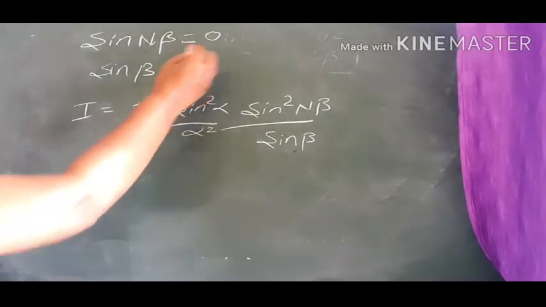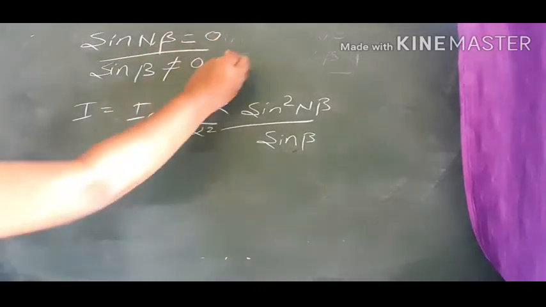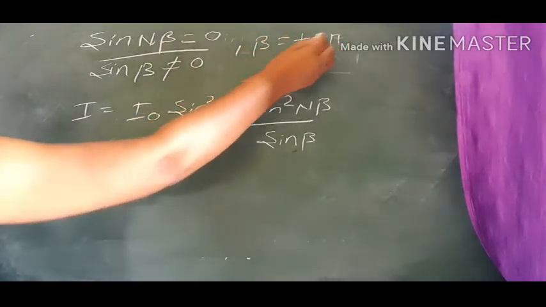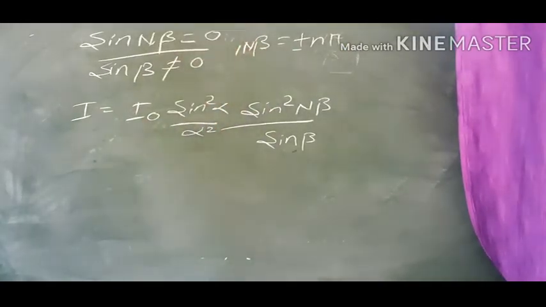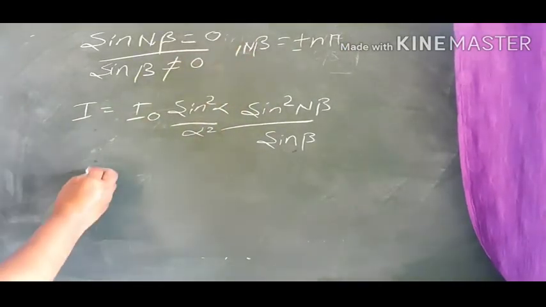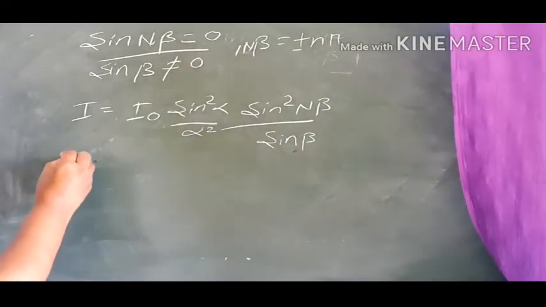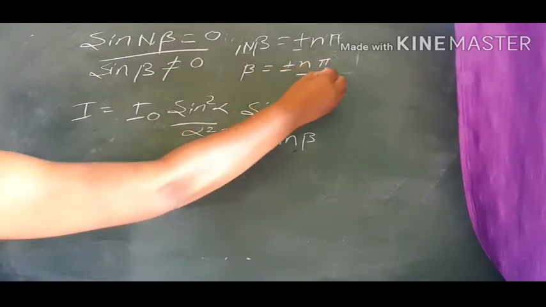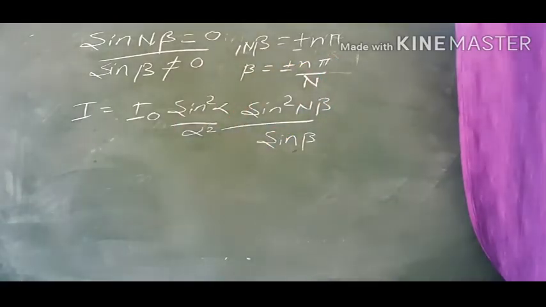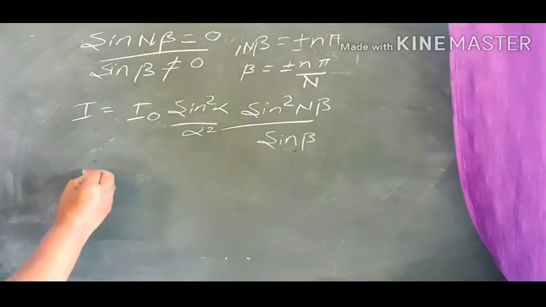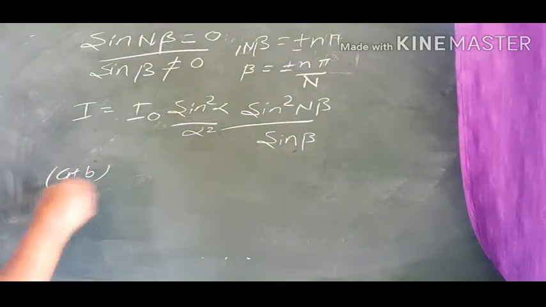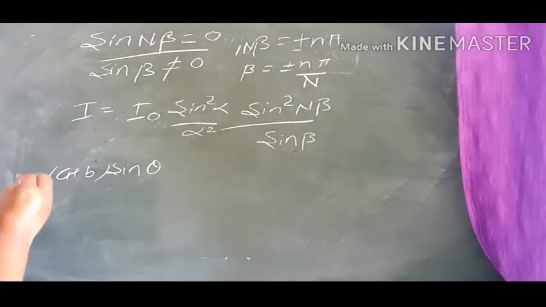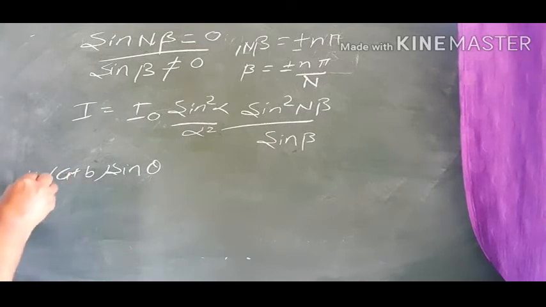And in this case, if this equation is satisfied, then n beta is equal to plus minus n pi, and from here beta is equal to plus minus n pi by N. This is beta, and we know beta is equal to a plus b sine theta into pi by lambda.